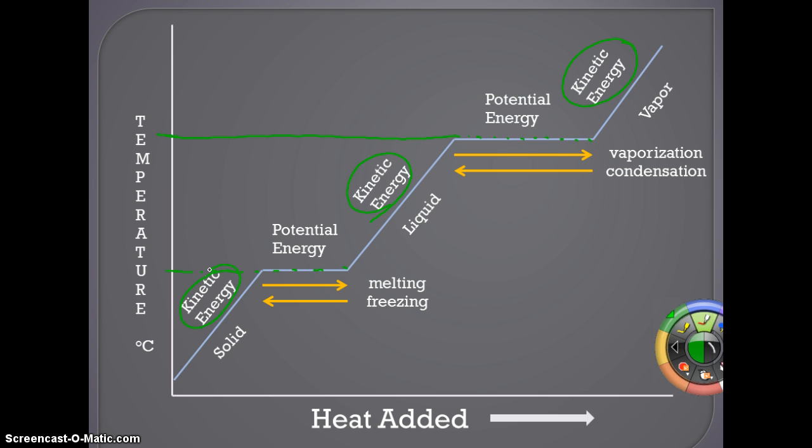So here we have our kinetic energy, so it's absorbing this heat. It's now going to become a solid here, and it's storing that energy. It's using that stored energy to go into the next phase. And so here we are at our liquid. So as the heat is added, it's absorbing that heat until it gets to its boiling point here. And then that's when it's going to become potential energy and it goes through its phase change.